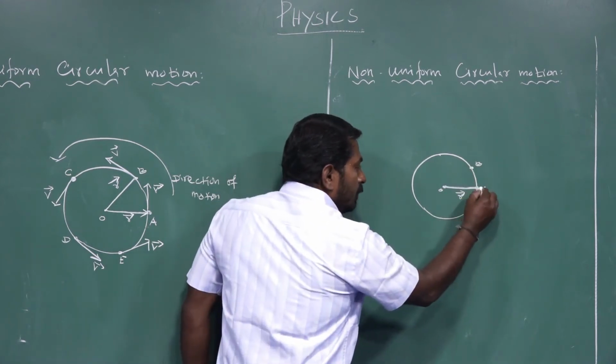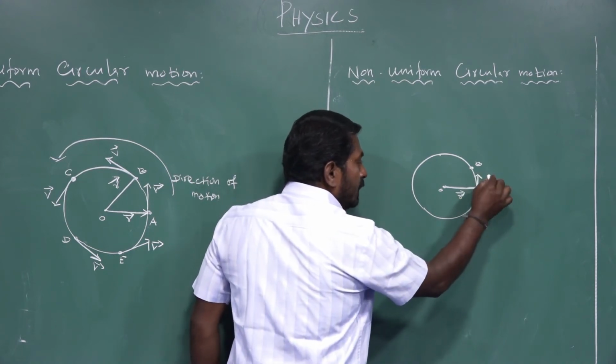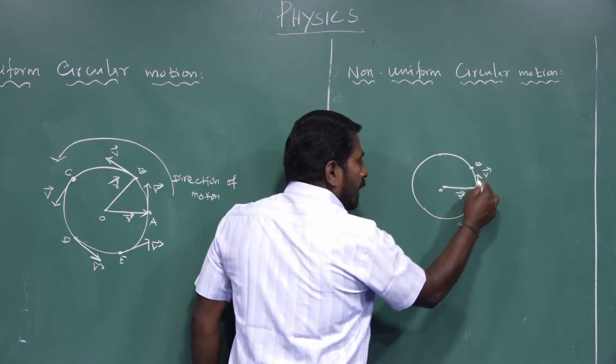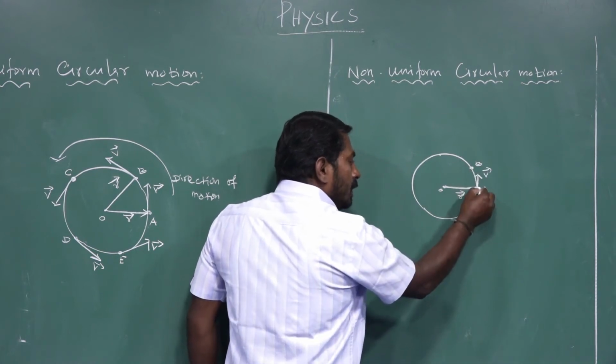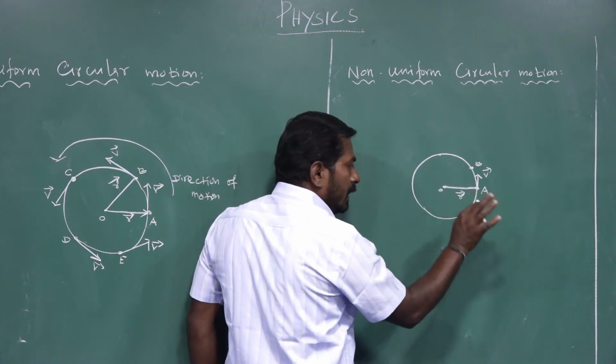At point A, the tangential or linear velocity acts along this direction, and the magnitude of linear velocity at A has a certain value.